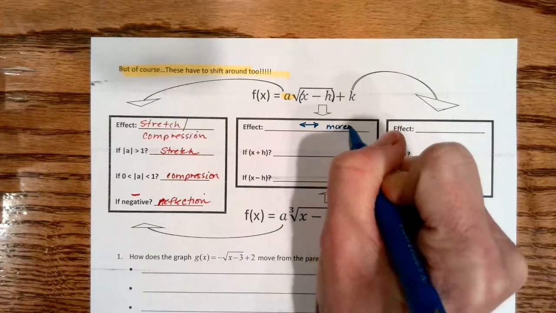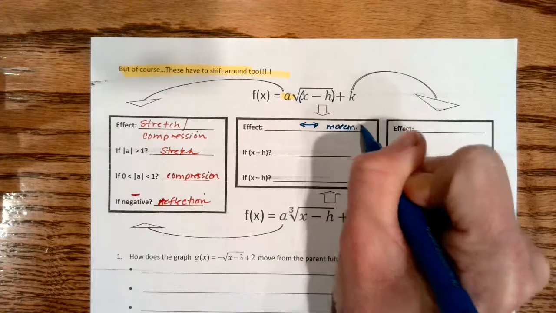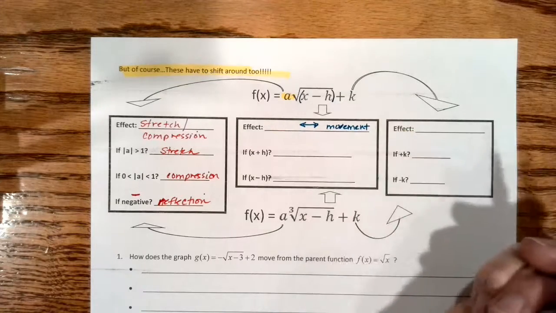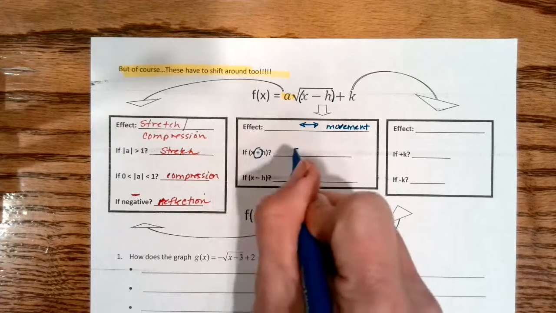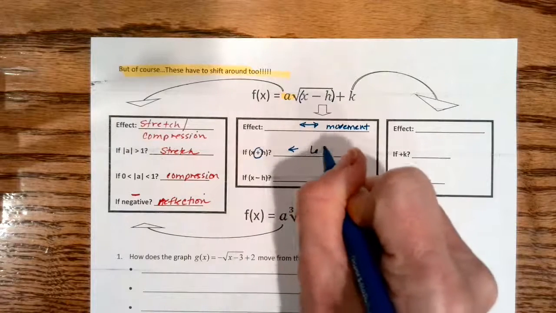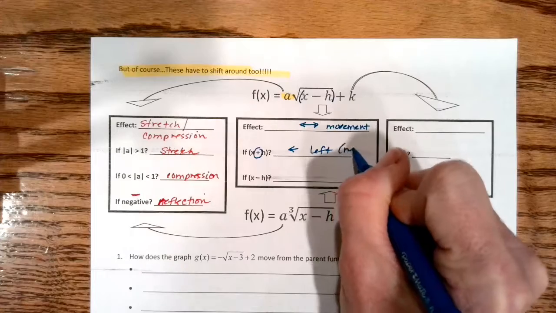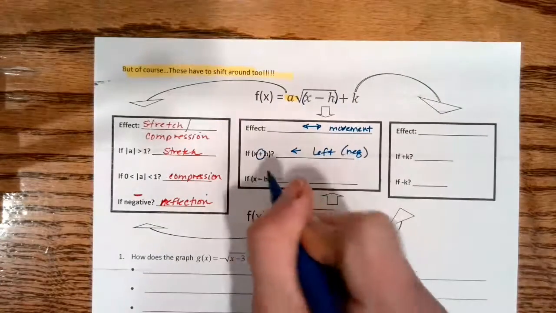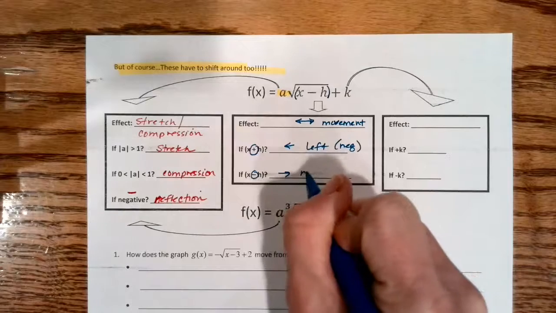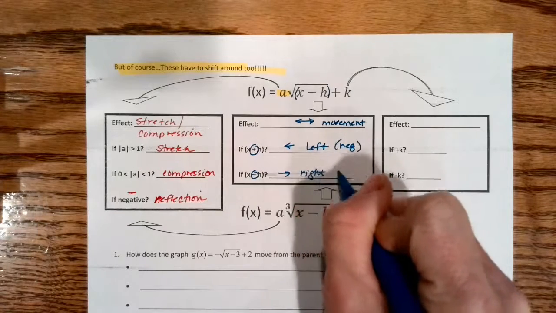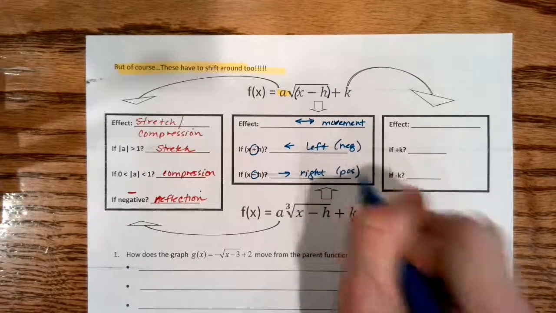So our H tells you how far we move left or right. And remember, if it's positive, it's going to move left or in a negative direction. If it's negative, it's going to move right or in a positive direction.